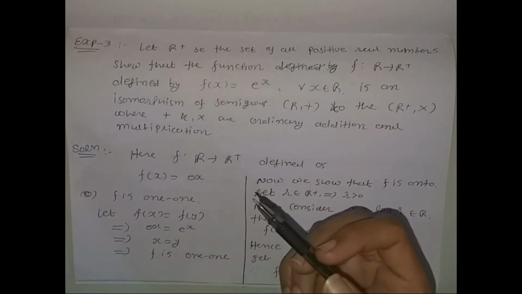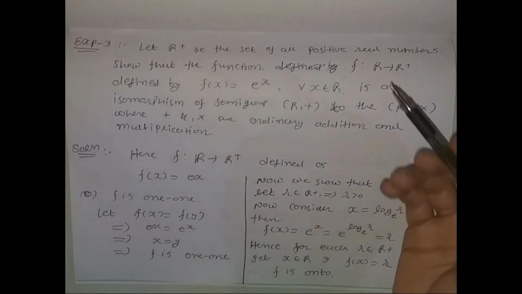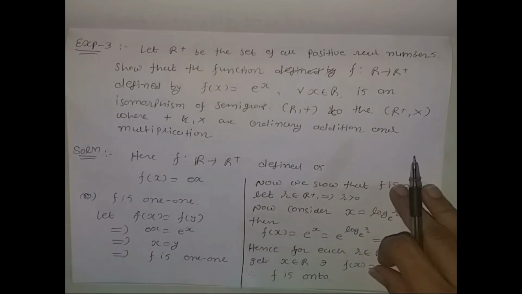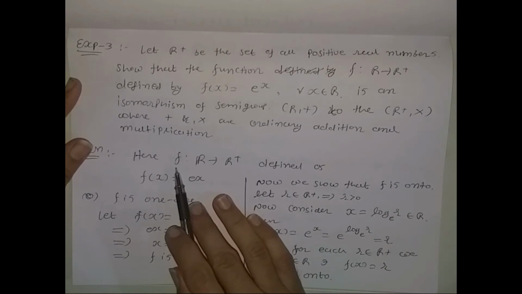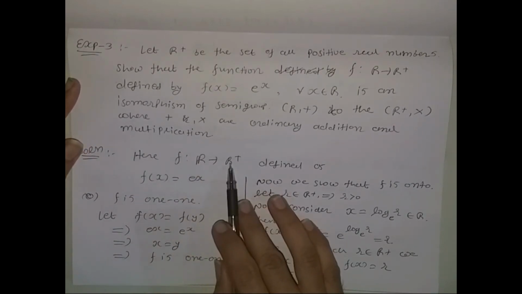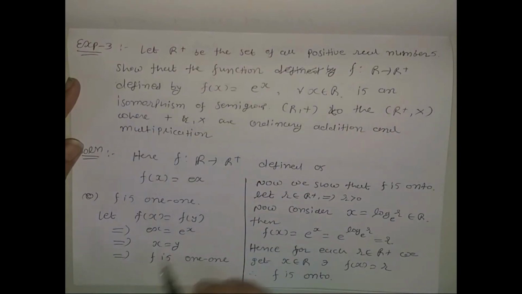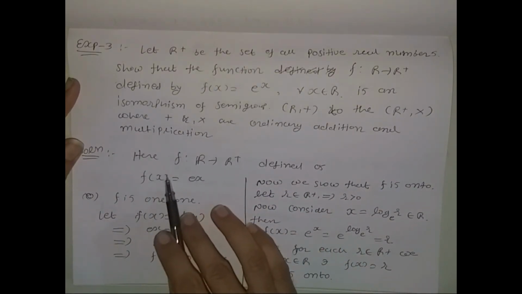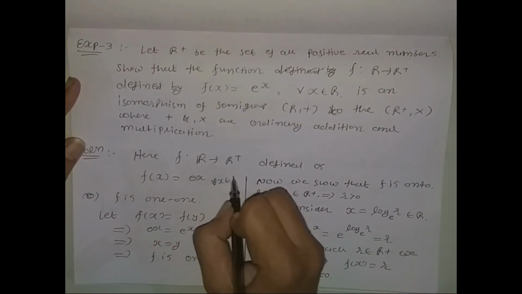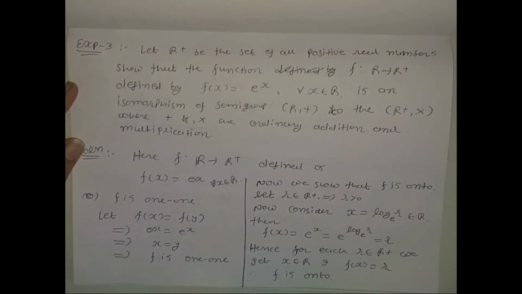So we want to show that our map f is an isomorphism. First of all we will show that f is 1-1 and onto, and then we show that f is a homomorphism. Now our map f is from the set of all real numbers R to the set of all positive real numbers R plus, defined as f of x is equal to e raised to x for all x belonging to R. First we will show that f is 1-1.